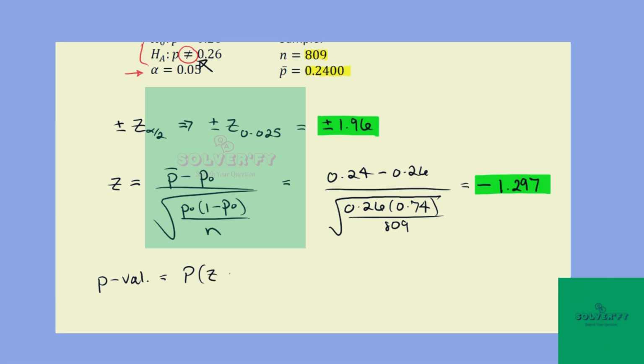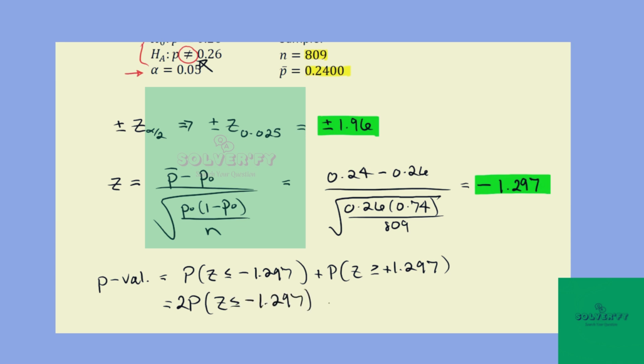So it's equal to the probability of a standard normal being less than or equal to minus 1.297 plus the probability of being at least as big as positive 1.297. And of course, due to the symmetry of the standard normal distribution, this is equal to 2 times the probability of being less than minus 1.297. And this comes out to approximately 0.1946.